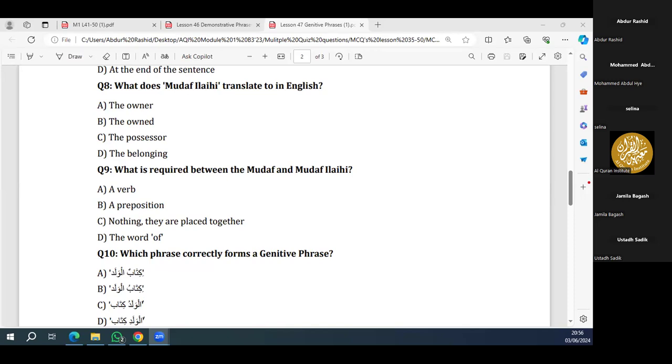Allah owns, it's Allah's house, right? So Allah comes second. Allah is the owner of the house. So mudaf ilayhi is the possessor or the owner. So you're right, A or C is correct.